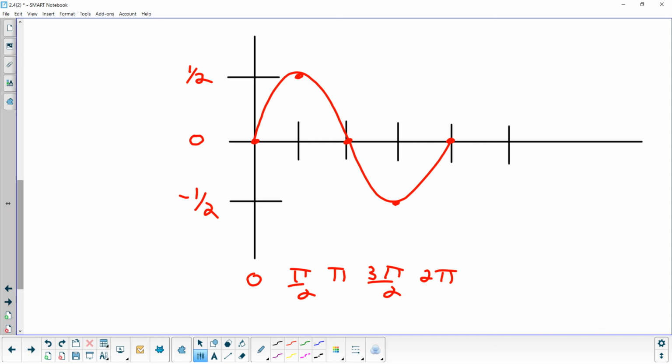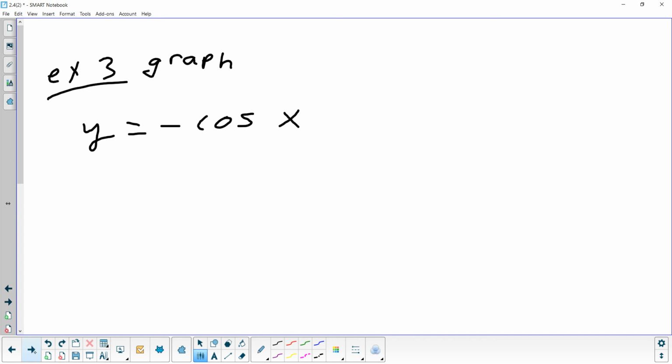That's it. That's your sketch. Okay, any questions on that? All right, let's try one more, and then we'll look at the last transformation today, which is a vertical shift.